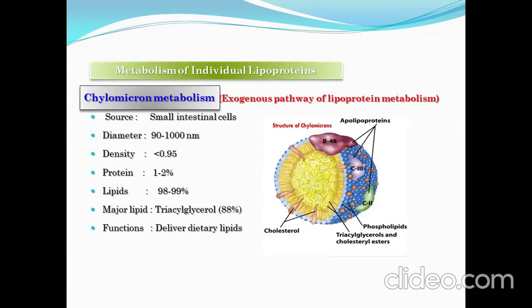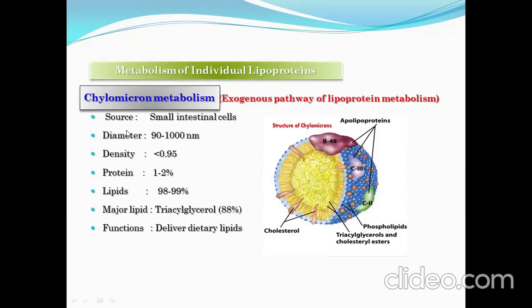This is the structure of chylomicron, where you can see apo B48, apo C3, apo C2, the phospholipid moiety, triglycerides, cholesterol esters, and cholesterol.